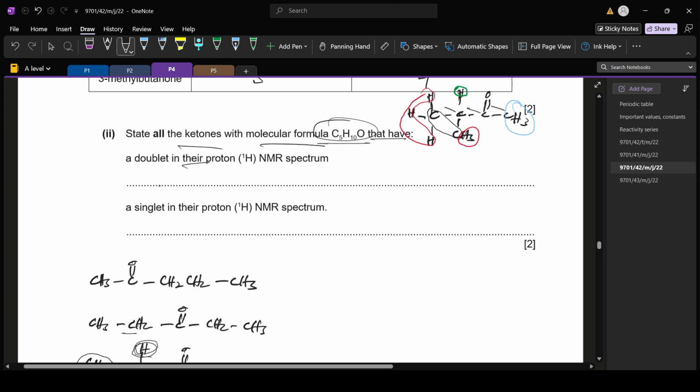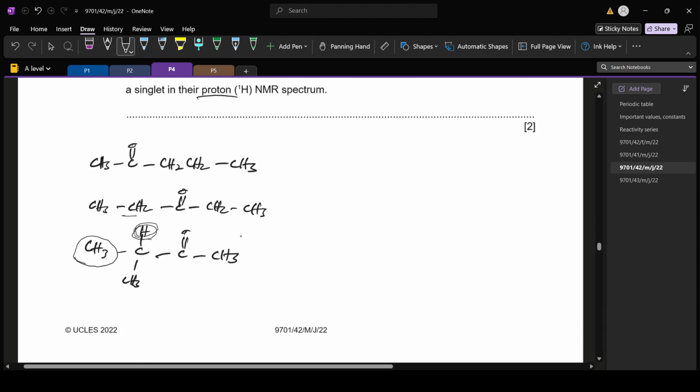So no doublet. Doublet is only shown in 3-methylbutan-2-one, butanone, sorry, butanone.